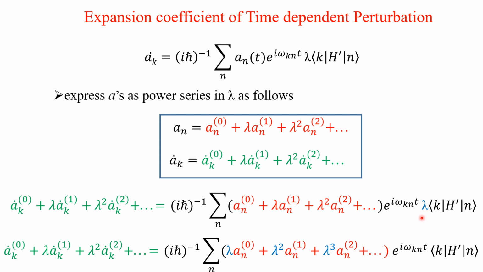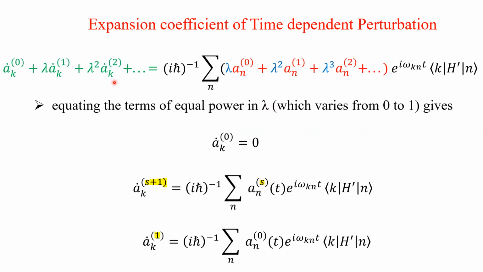Here you can notice that there is one lambda factor. You bring this lambda inside the bracket. So this first term will become lambda times a_n0, the second term will become lambda squared times a_n1, and lambda cubed, and it will go on like this. So there is no change in the left hand side. We will see how we can reduce further.